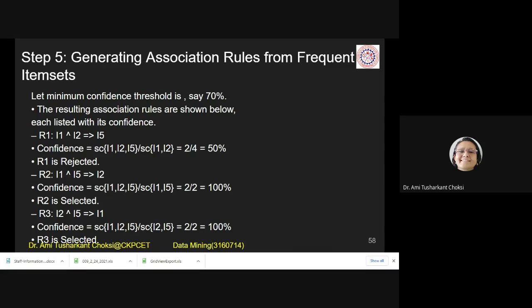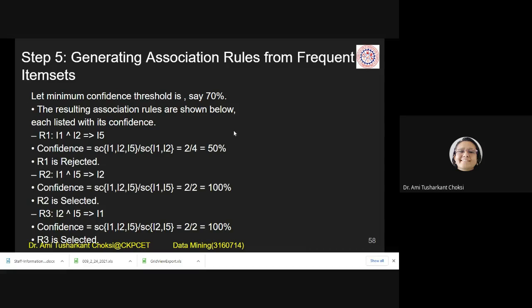Why? Because in our problem statement, the minimum confidence threshold is 70 percent, and the confidence of this rule is 50 percent, which is less than 70 percent.